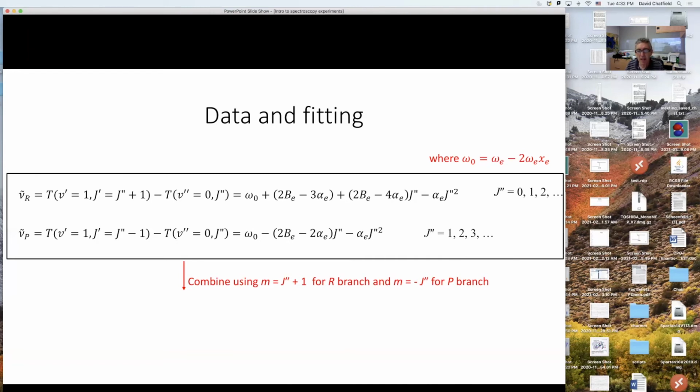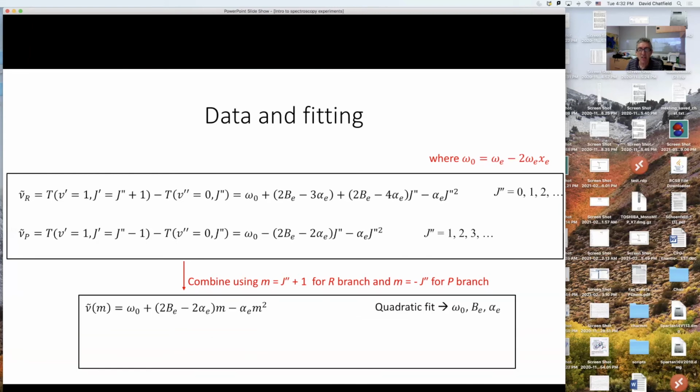Now, you can combine these two expressions as described by defining m as J″ plus 1 for the R branch and minus J″ for the P branch. You get this expression in the quadratic fit, and this expression for the cubic fit. You might as well just do a cubic fit. Your resolution is high enough that you can get a meaningful value for De.